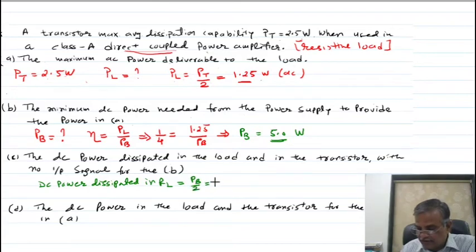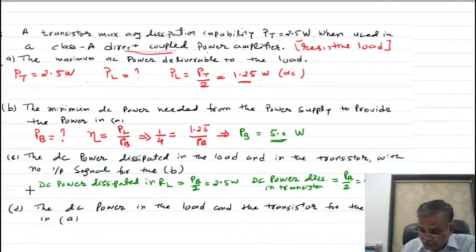How much? 2.5 watt. And the DC power dissipated in the transistor is equal to half of PB, which means 2.5 watt. This is when the input is 0.